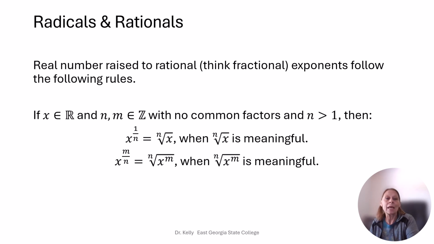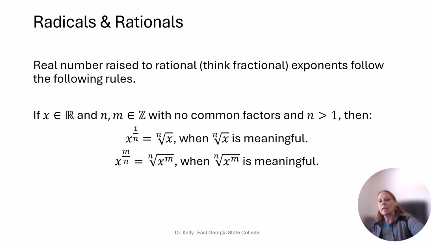In other words, x to the 1 over n is equal to the nth root of x. And I know it says when the nth root of x is meaningful, and that just kind of means this is a general statement, but this might not actually be meaningful if x is a negative number and n is an even number, okay? So they just use this kind of information so we can get rules without having all these exceptions or multiple rules, okay?